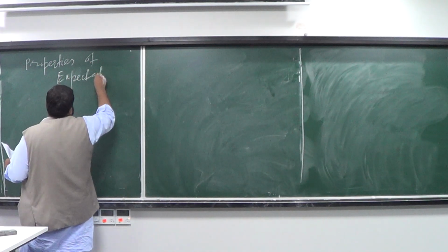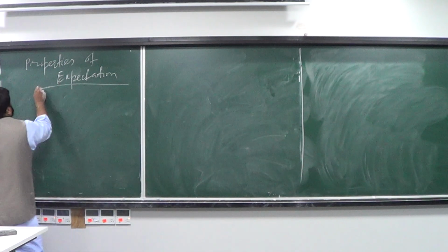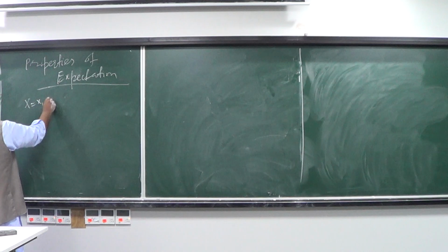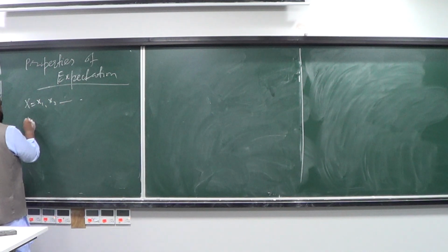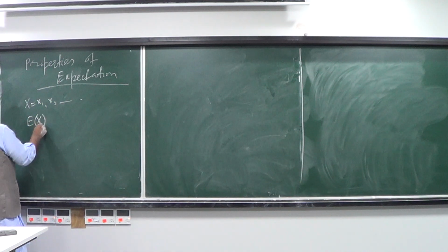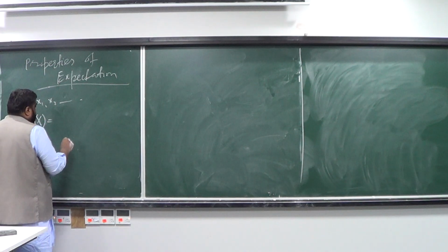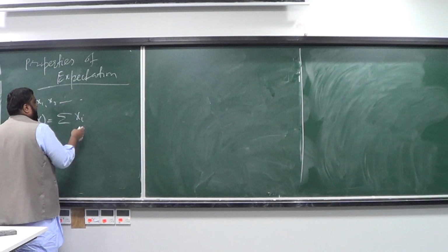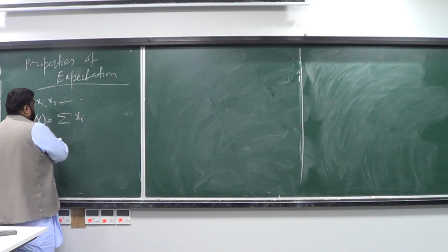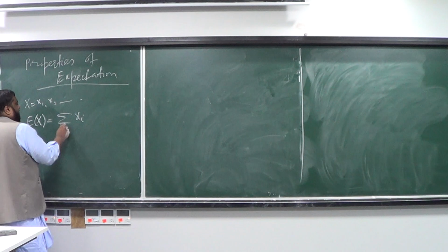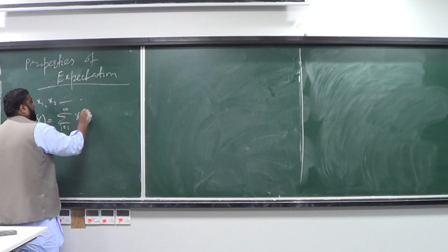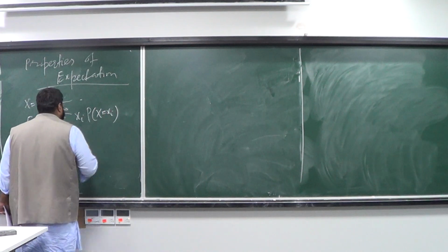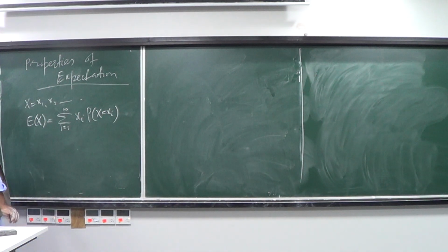Let's recall that if I have, for example, a discrete random variable that takes values x1, x2, up to xn, then the expectation of X is equal to the sum of the weighted probabilities, a weighted average, that goes from i equals 1 to infinity, xi times the probability that X equals xi. So this is what the expectation is.